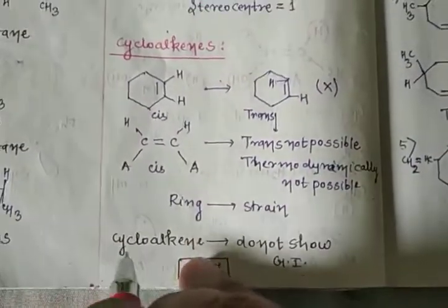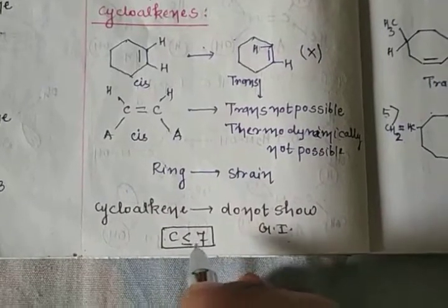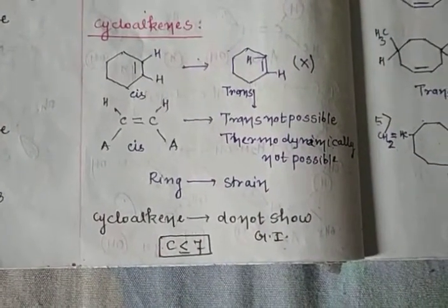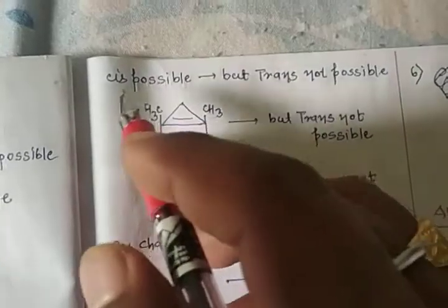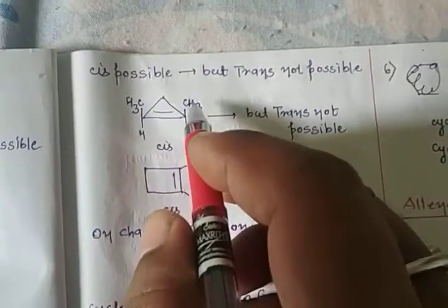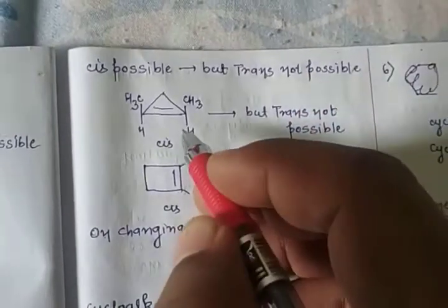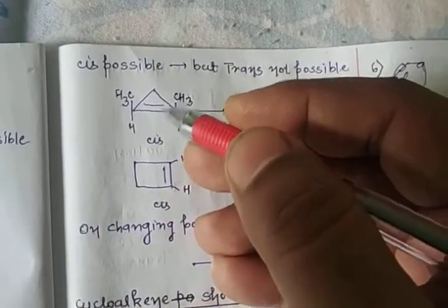Okay, so now cycloalkene does not show GI if carbon is equal to 7 or less than 7. If carbon is 7 or less, there is no GI. Okay, clear? Now cis is possible but trans is not possible. Look, in this case CH3 on the same side, hydrogen on the same side, cis possible. But there is a double bond restriction, no rotation is there.